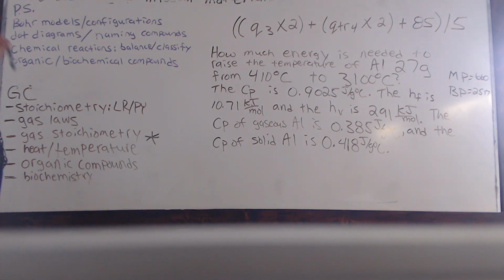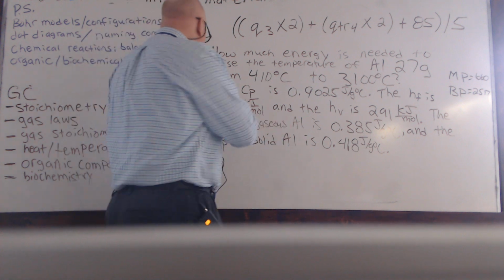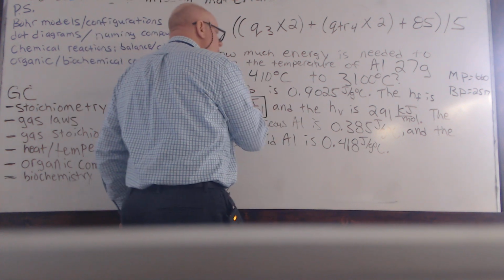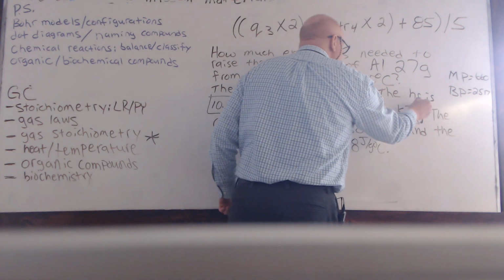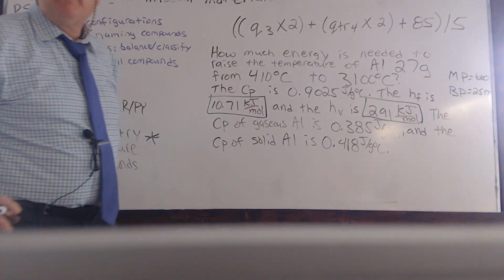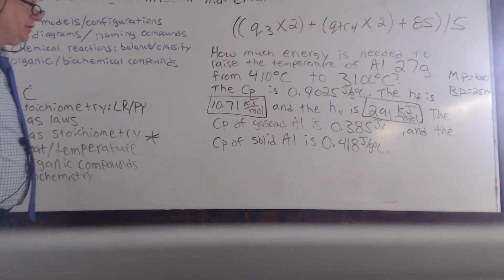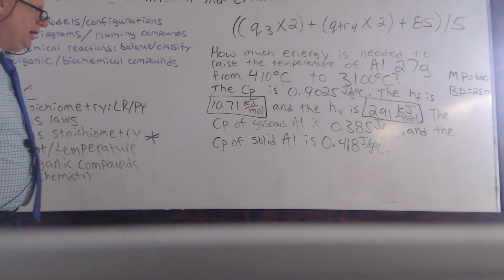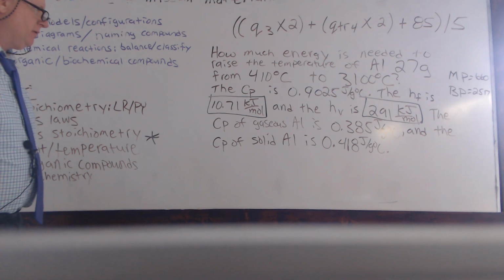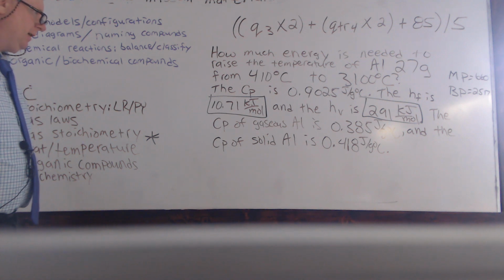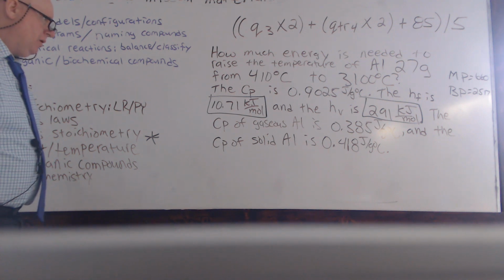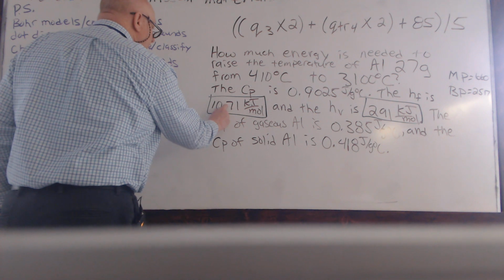Now, what is the problem with these two numbers? Right, because everything else is measured in degrees centigrade, in grams, and in joules, not kilojoules. So we'll go ahead and pick this one.